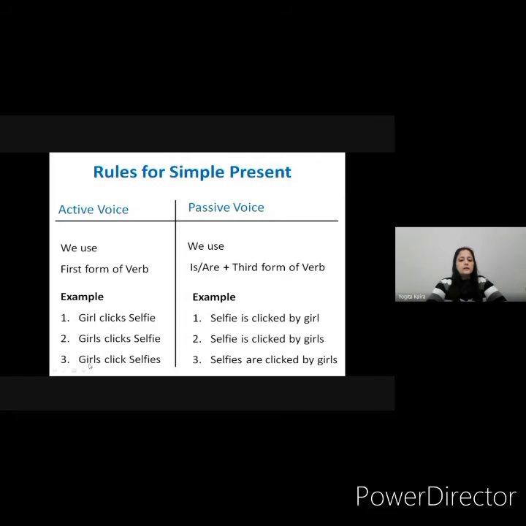When it is girls click selfies, it will become: selfies are clicked by girls. So here you have seen how we have used is and are plus the third form of the verb, because clicks is the first form of the verb and it has changed into clicked when we changed into passive voice, whereas the tense remains the same, children.